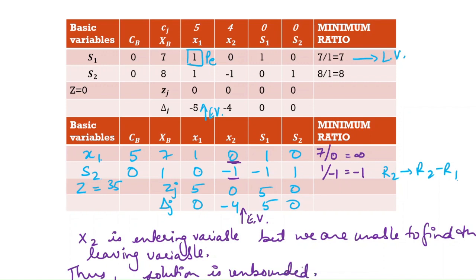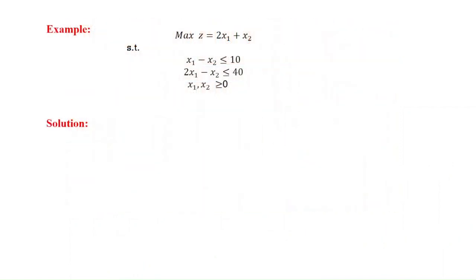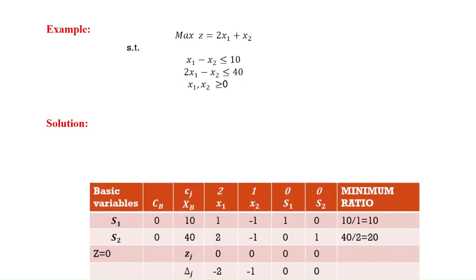So let's consider one more example here. In this we have maximize z is equal to 2x1 plus x2, subject to x1 minus x2 is less than equal to 10, and 2x1 minus x2 is less than equal to 40. Again, if you plot it graphically, you will get an unbounded solution. So let me write the LPP in the standard form first of all quickly.